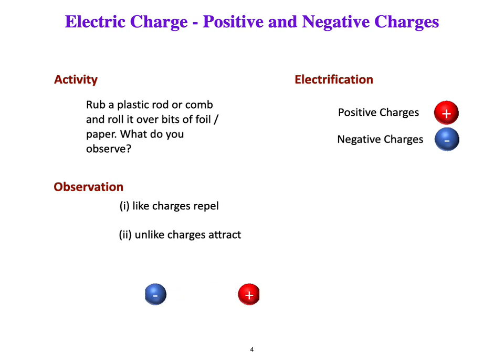This is a fundamental force in nature, and that is how it behaves. If you have similar charges, they'll be repelling, and if you have opposite charges, they'll be attracting. That is, opposites attract. And this can be proved later on mathematically using Coulomb's law, which we'll be seeing in a couple of sessions from now.